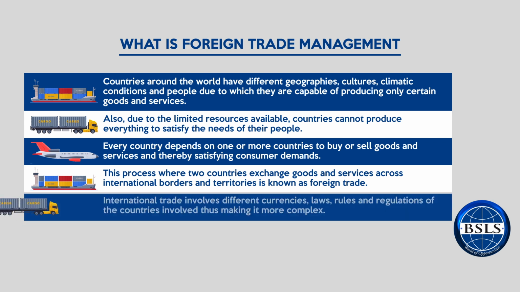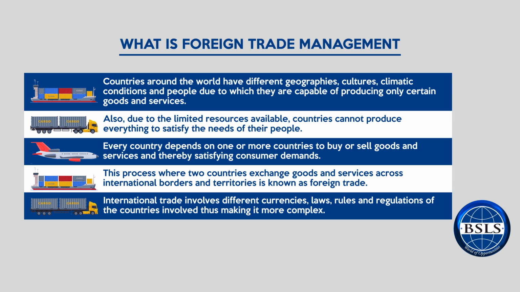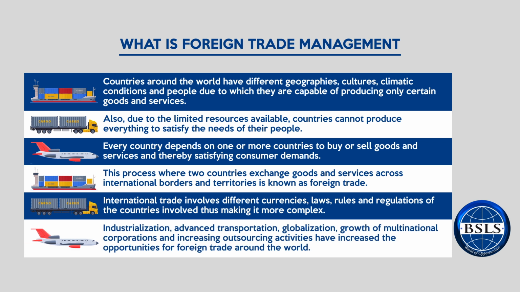Foreign trade helps countries to sell their products in the global markets. It helps countries to satisfy and meet the needs and demands of their consumers. Also, it helps countries to offer options and choices to their consumers. For example, a consumer in India can now choose between a German car, a Japanese car, or an Indian car due to foreign trade.